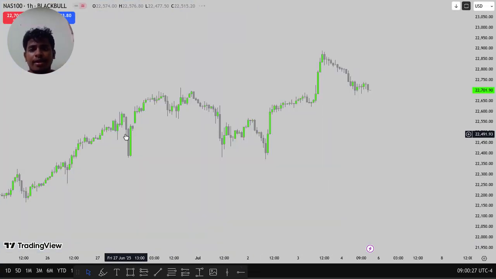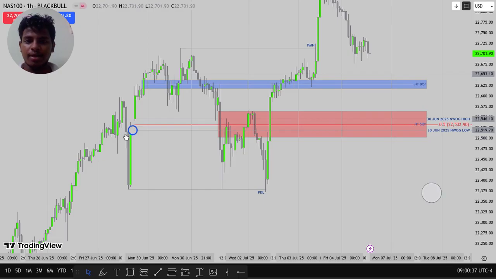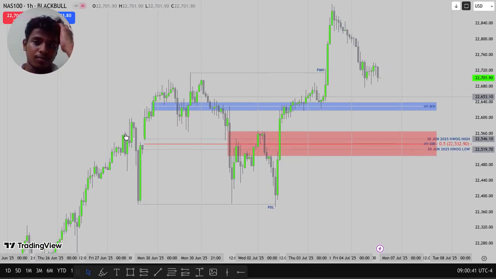Why I mark that line here is because of some price action difference between the index and the futures charts. That's why I mark that line, because I want to see the real moves. A lot of times market respects some PD arrays in futures charts, not in the index chart. That's why I mark that line.